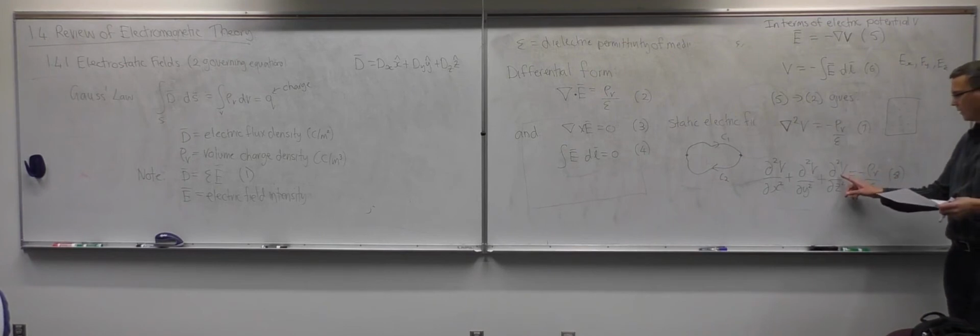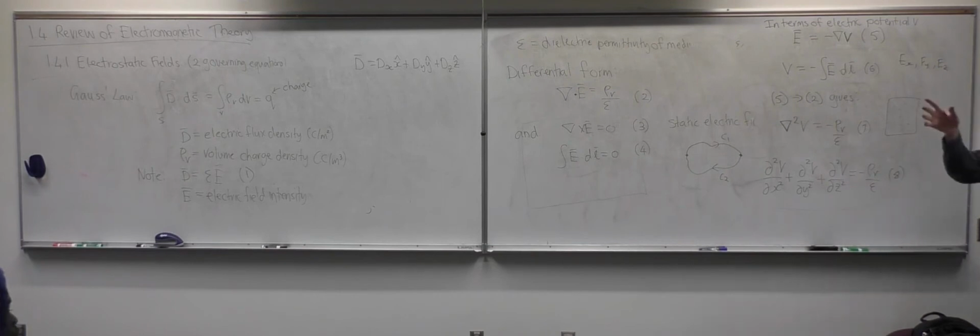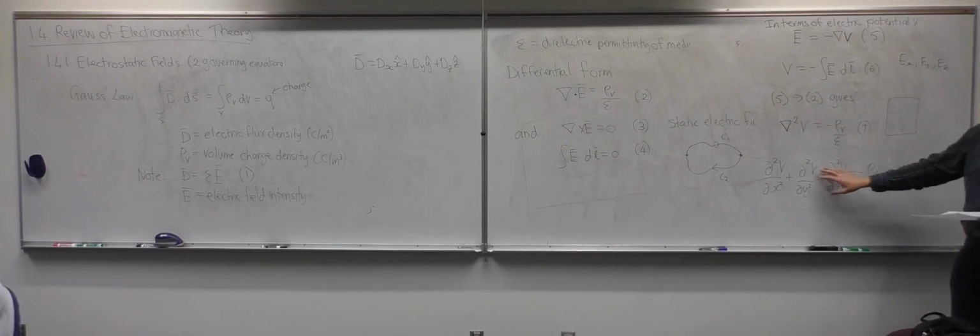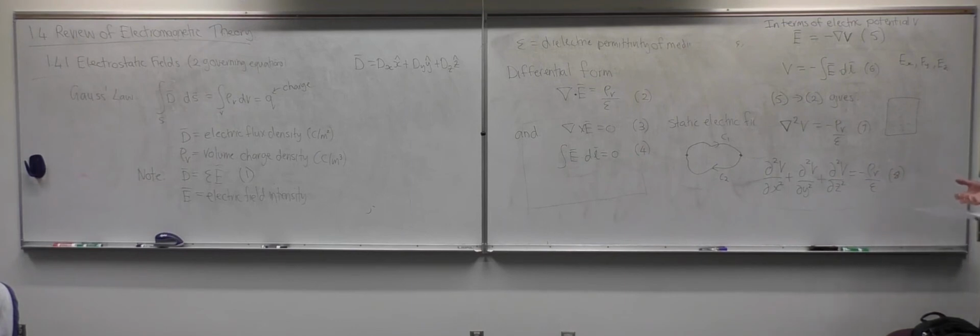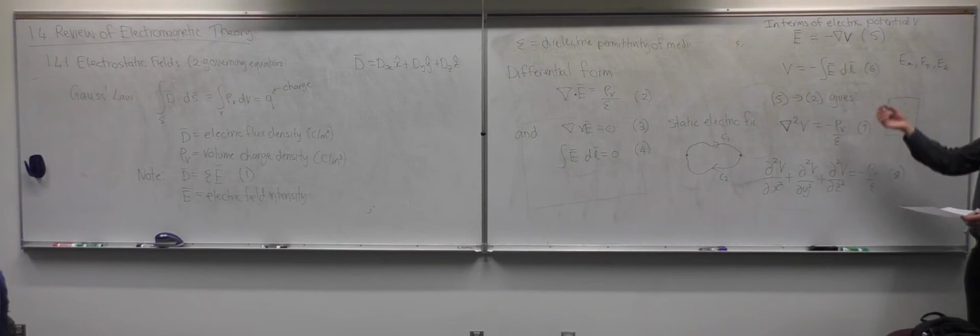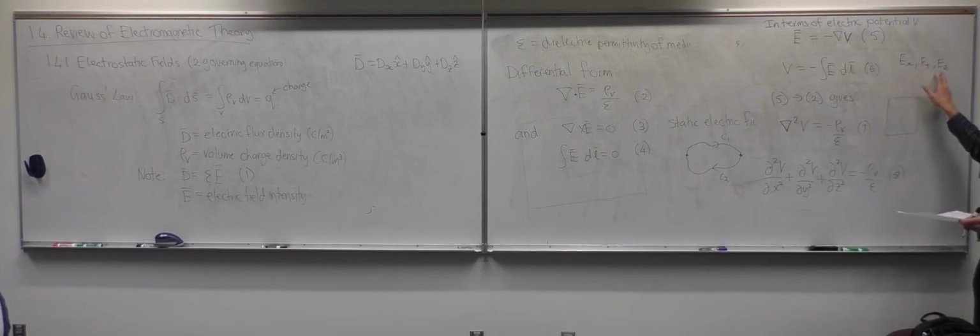So again, this is a scalar term, V. We might be wanting to know what the electric field is somewhere, but it would be much more of a pain to have to solve directly for the electric field, because we'd need to figure out Ex, Ey, and Ez.